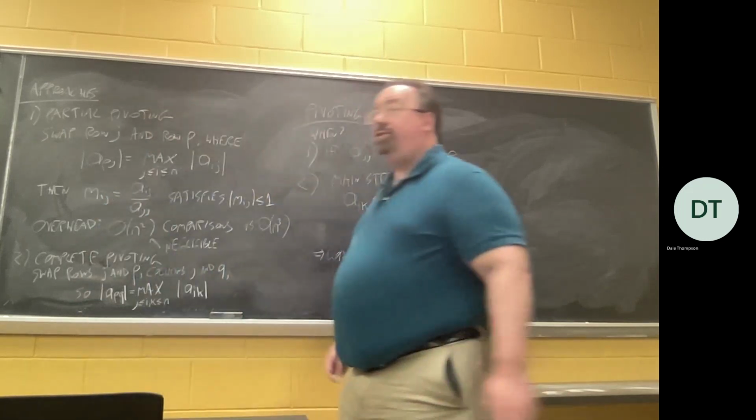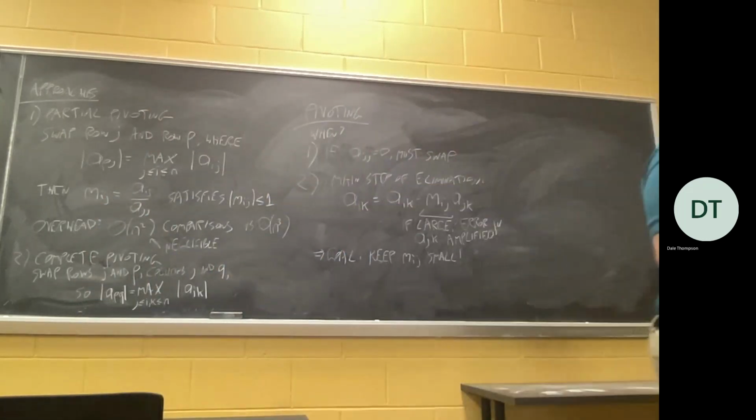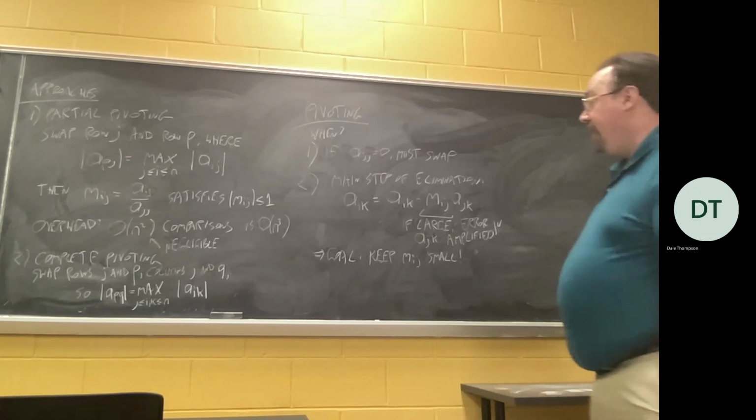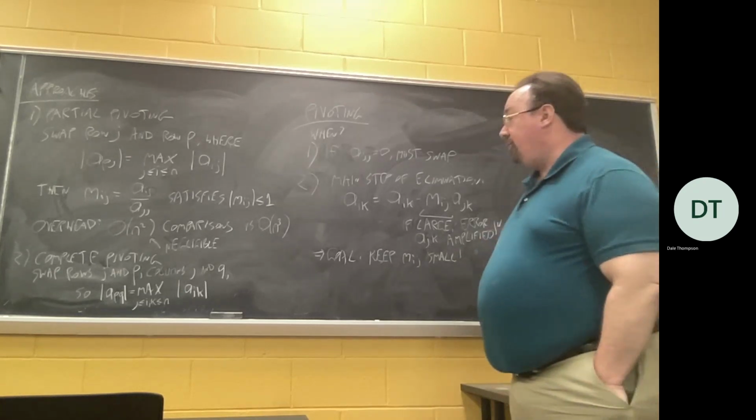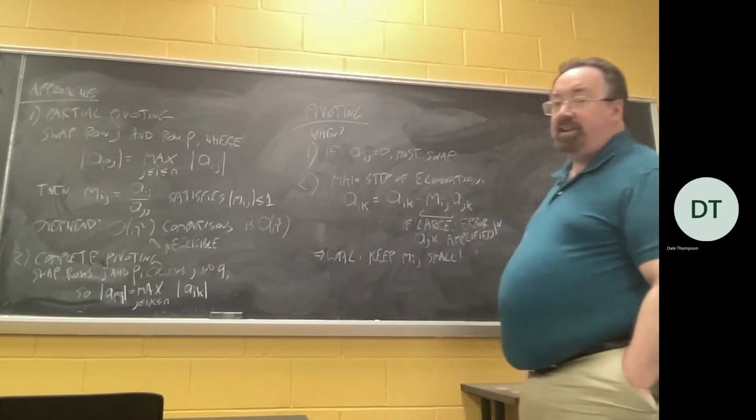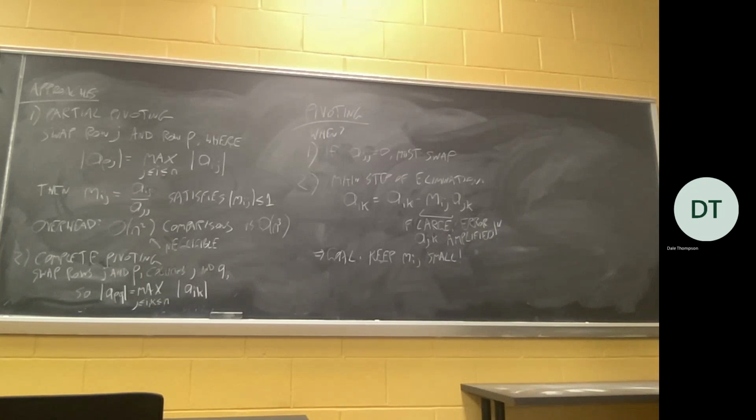In other words, you're searching the whole submatrix. So starting from row and column j, you're searching all later rows and all later columns for the largest entry, and then you perform a row swap and a column swap to place that entry from that submatrix in the jj position.